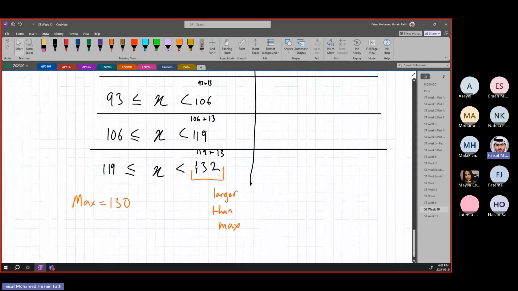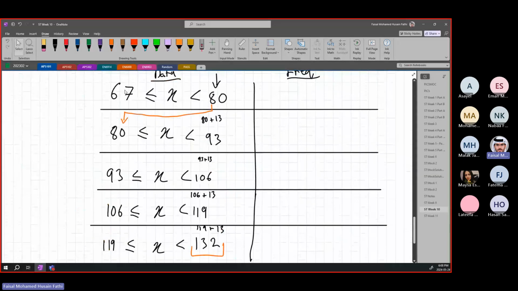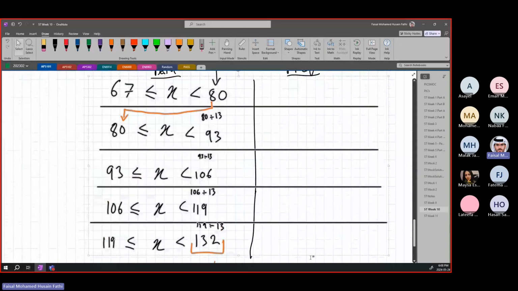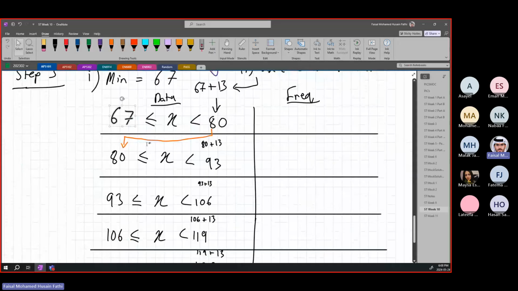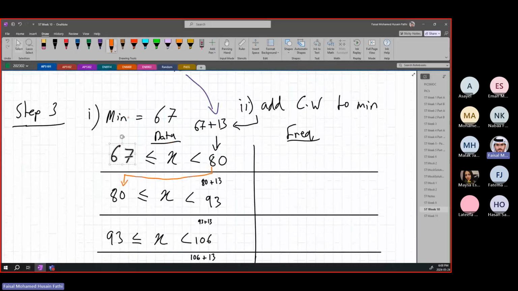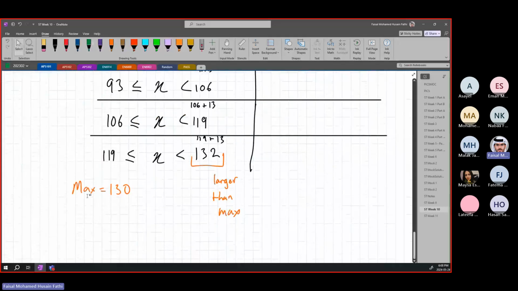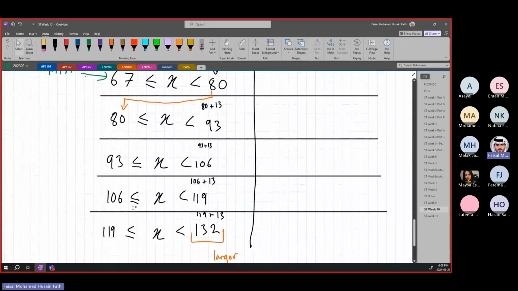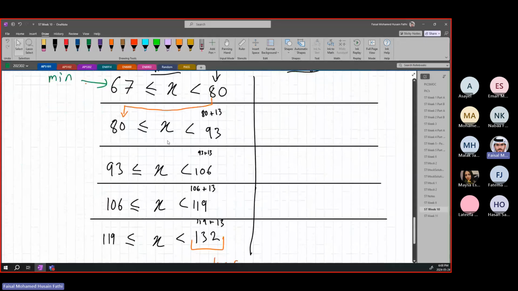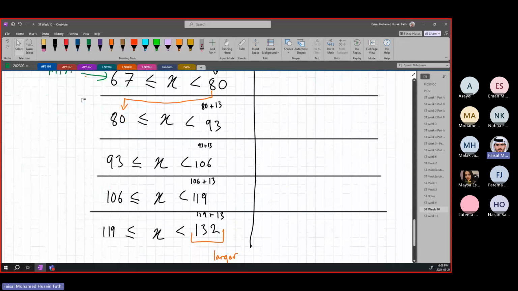Technically, based on this data set, you can put any number larger than the maximum value here. But because we want equal sized classes, we're going to start from the minimum. So again, this is our minimum value, and this is larger than our maximum value, where our max value is 130. And this is how you will build your actual classes for each and every step.